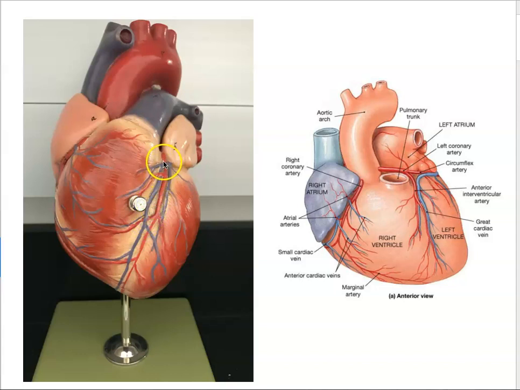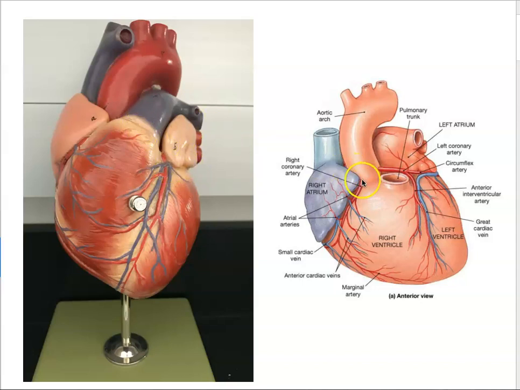This is the left anterior descending artery, the LAD, and it is in that anterior interventricular sulcus. The circumflex artery you can't see too well on this view, but it is going to be wrapping around the coronary sulcus right here and go into the back.